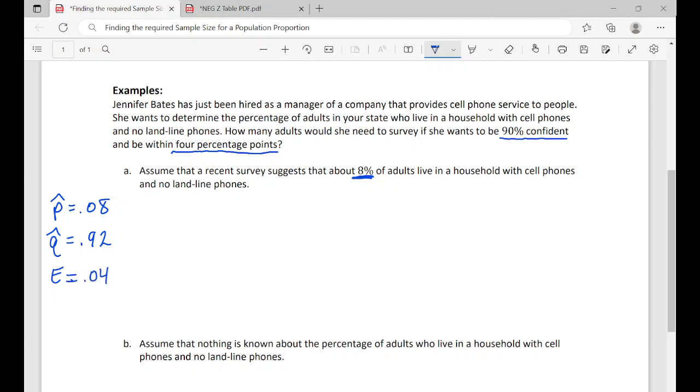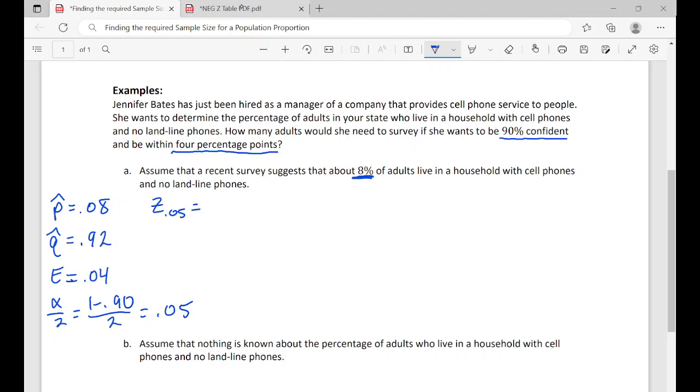And we still have to find our z alpha over 2, because both formulas require that. So our alpha over 2 is going to be 1 minus 0.90 over 2, which gives us 0.05. So for z of 0.05, we have to find that critical value, and you can do it two ways, calculator or table. I'm going to show both.